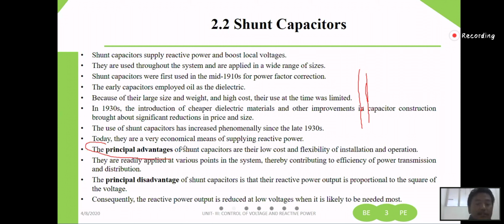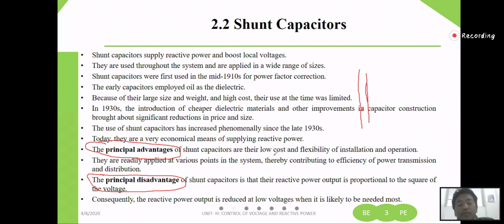But the very important thing you have to know is the principal advantages and the principal disadvantages of using shunt capacitors. If you know these advantages and disadvantages, then we can choose the appropriate compensating device. The main advantage of the shunt capacitor is that in terms of cost it is cheap, low cost.